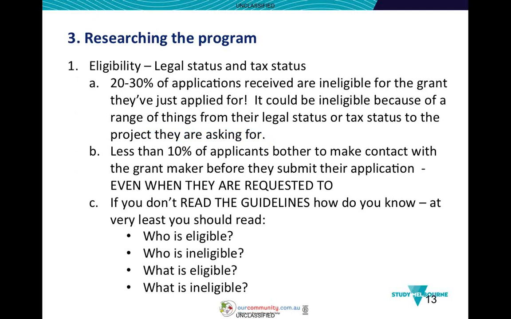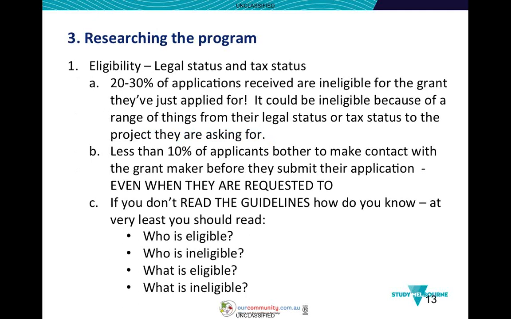And less than 10% of applicants bother to make contact with the grant maker, even if they're specifically asked to do so. This is really important, because if you're asked to contact the funder and you don't, you could actually be excluded from the process and be deemed ineligible. So if you're asked to contact the funder, please do so. It's really, really important. Those guidelines are gold.